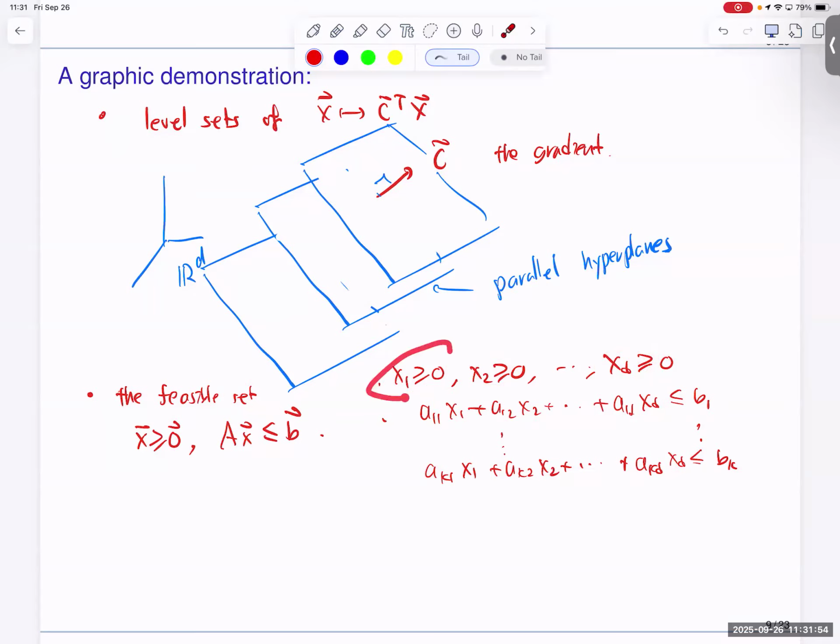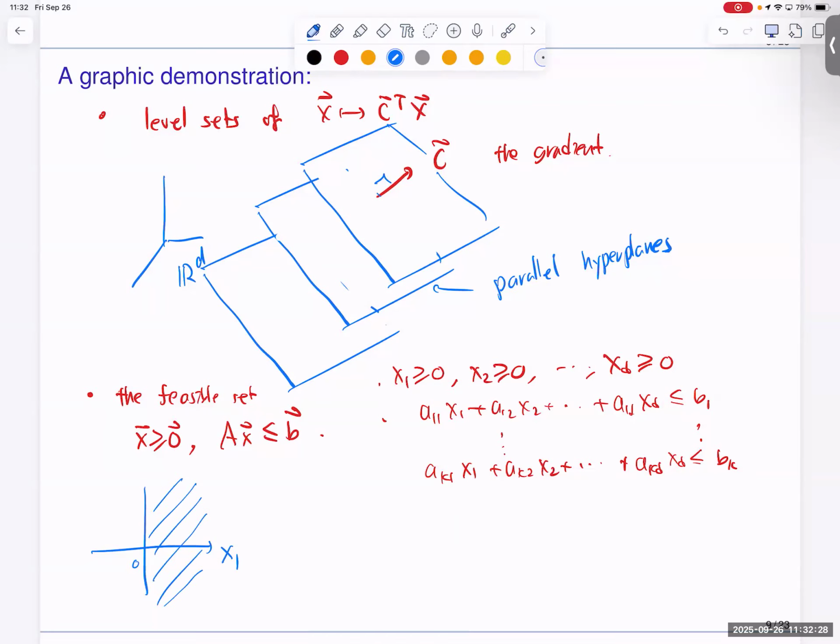And then what does the set corresponding to each such inequality look like? For example, this one. Maybe I need to draw only a 2D type picture. Okay, if this is the x1 direction, then this set looks like this half space.